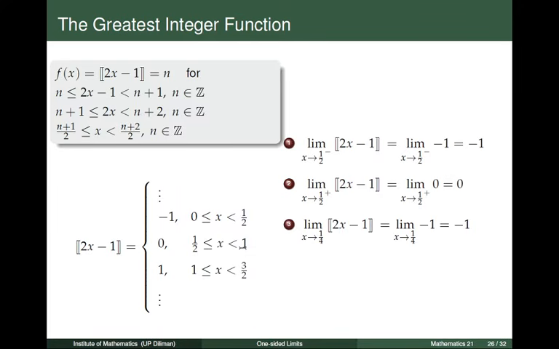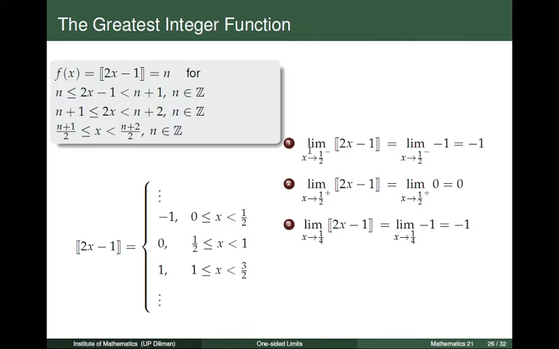Now, the GIF of 2x minus 1 is equal to 1 when x is between (1 plus 1) over 2, or 1, and (1 plus 2) over 2, or 3/2. And note that 1 is included while 3/2 is not included, and so on. Right? So, let us consider the three following limits here.